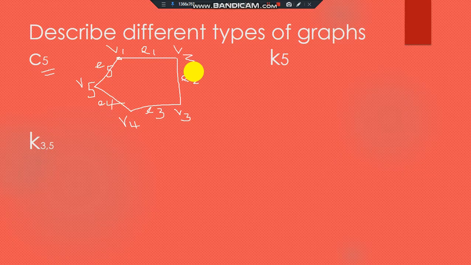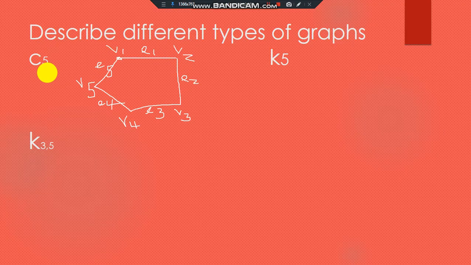This type of graph we call a simple graph, because it doesn't have parallel loops or parallel edges. Therefore it is a simple graph. If you are asked to draw a graph for this, you have to draw it like this.